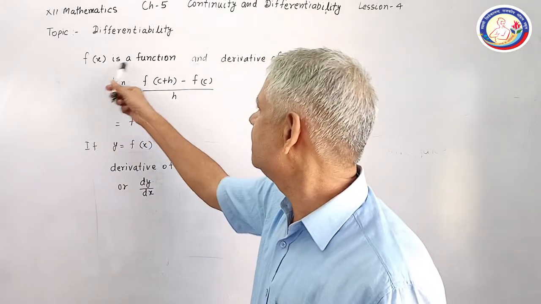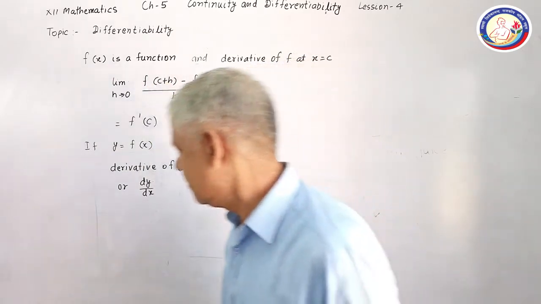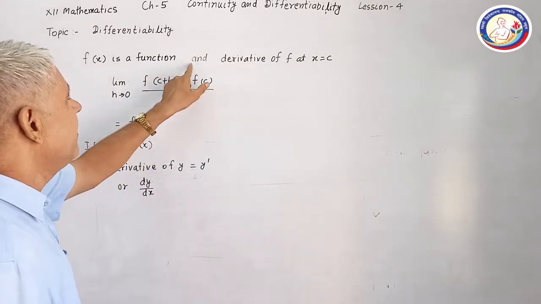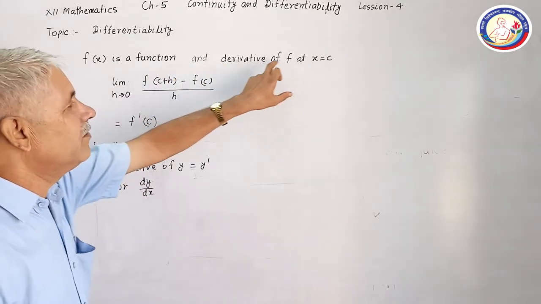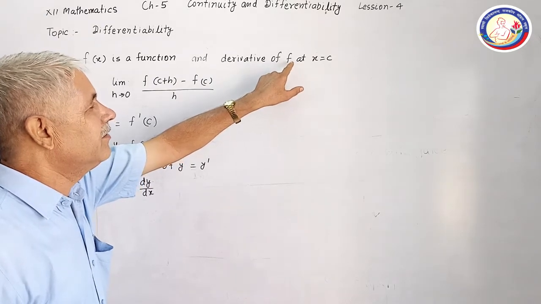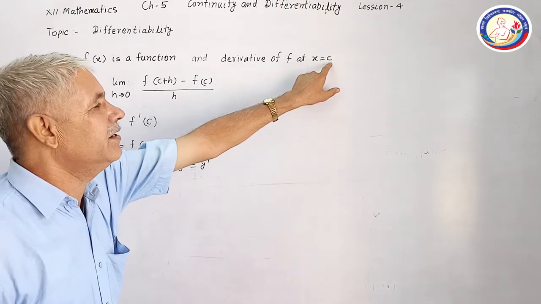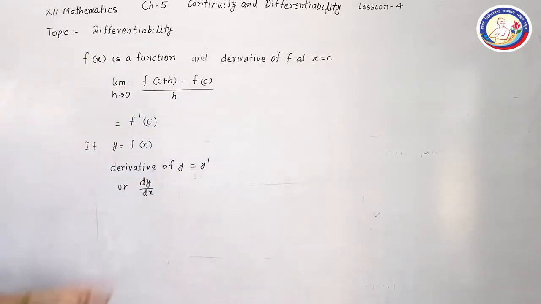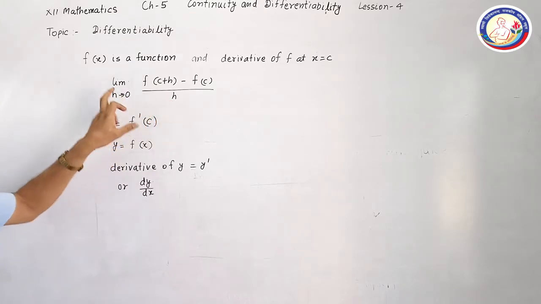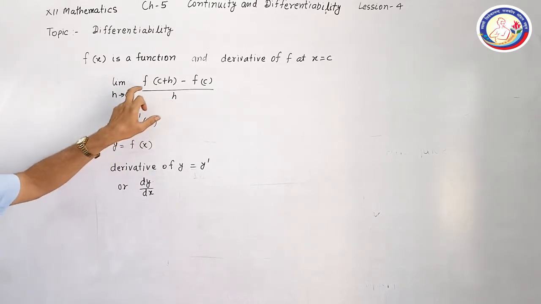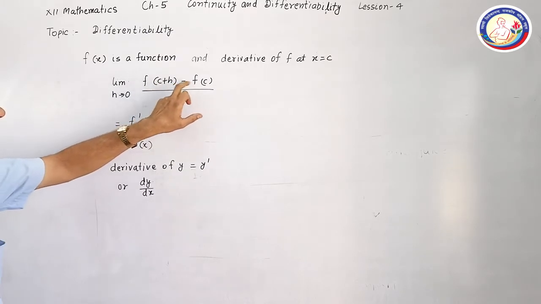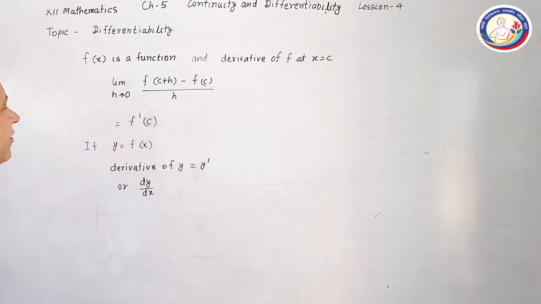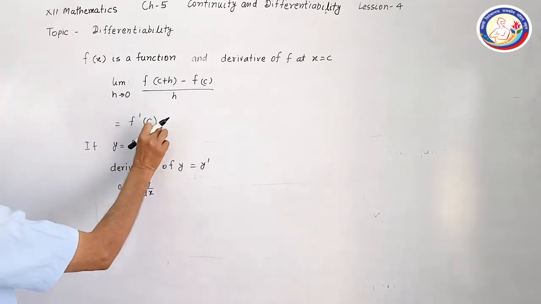Say f(x) is a real function and we want to define the derivative of the given function at x equal to c, any value of x equal to c. Then this will be given by the limit h tending to 0 of f of c plus h minus f of c, the value of the function at c, divided by h, and we denote it by f prime c.